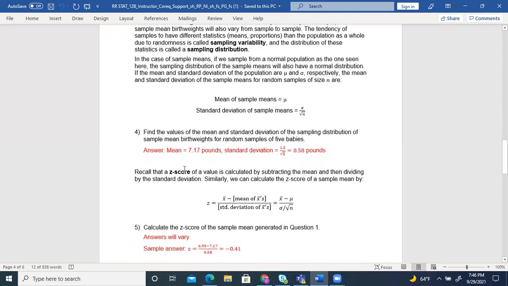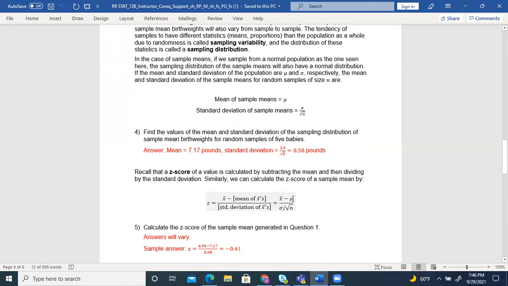Recall that if I want the z-score for any value out of the sample means, I go back to the z formula, take the sample mean, subtract the mean, and divide by the standard deviation for the sample mean. From the central limit theorem, mu is the mean of the sample means.